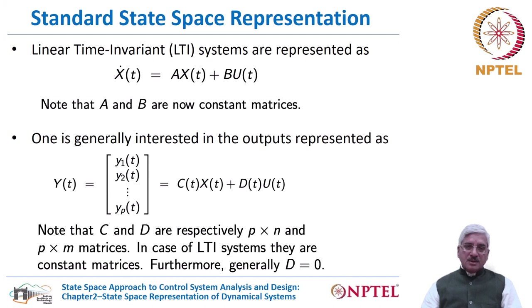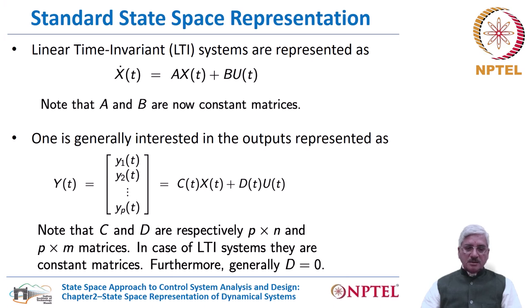Along with states and input, one is actually interested in the output also. So in the standard state space representation, the output y is the output vector containing as column all the outputs y1, y2, etc. We have assumed p outputs, so we have the last element as yp, and this is a column vector of length p.